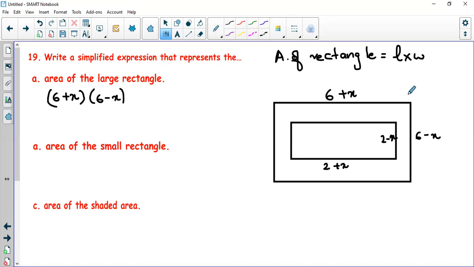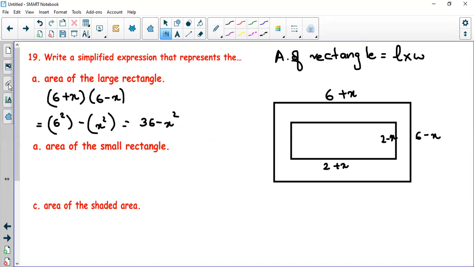Okay, now it is in the form (a plus b)(a minus b). So you have to use that formula. What do you use? a square minus b square. So that will give you 36 minus x square. So the area of the larger rectangle is 36 minus x square.